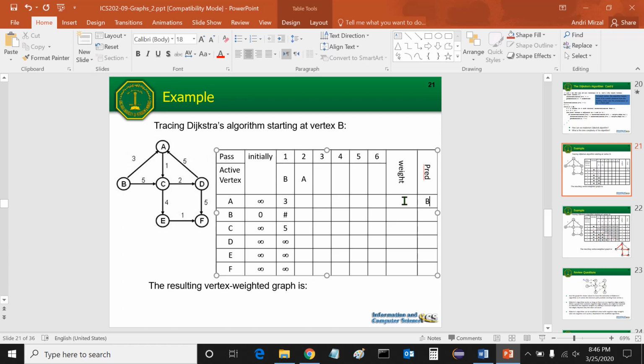So we can also write this as 3, okay? Now the active vertex is A, which means we will not deal with A anymore. We give this symbol, meaning we will not deal with this row anymore, okay? For the next cell, we do not need to do anything because we have already said that we will not deal with B anymore.